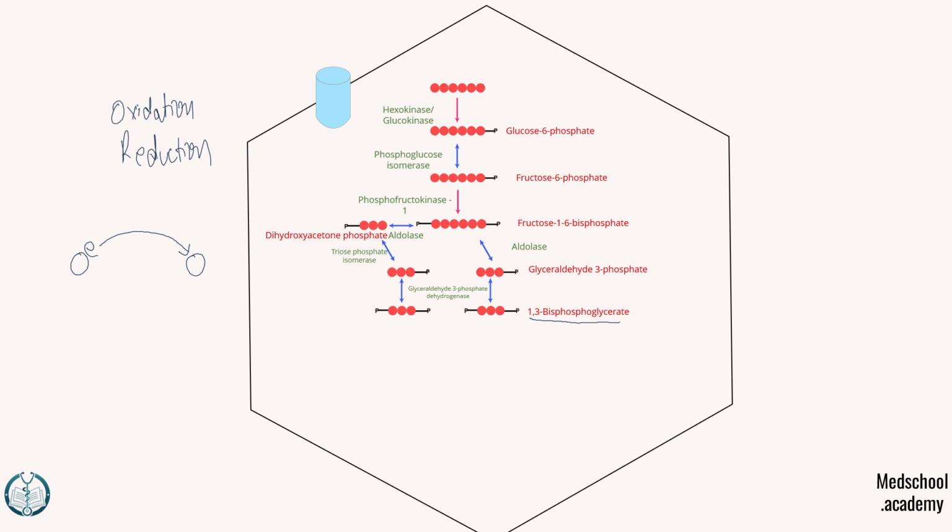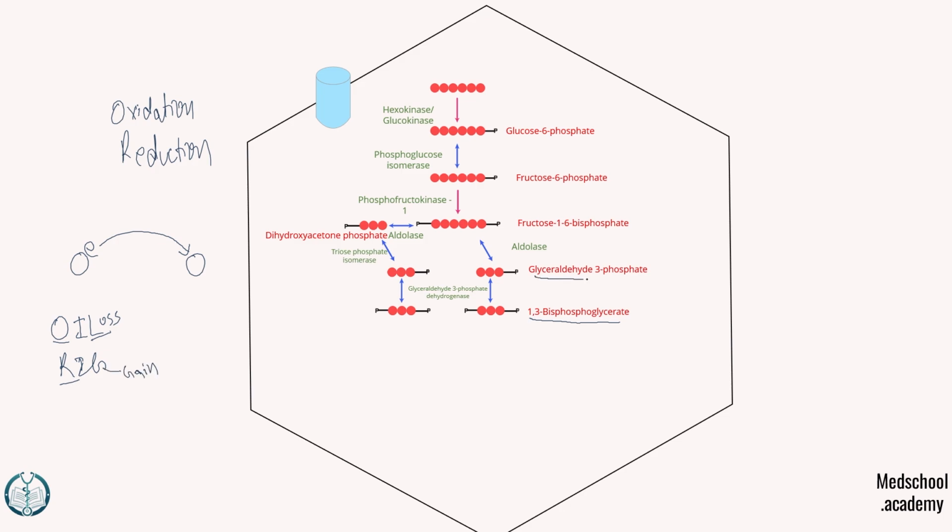How do you remember which one donates and which one receives? There's a mnemonic called OIL RIG. The O stands for oxidation, and L is for loss, and R is for reduction, and G is for gain. As simple as that.